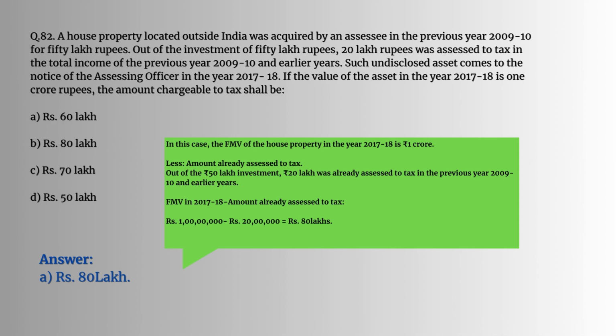If the value of the asset in the year 2017-18 is 1 crore rupees, the amount chargeable to tax shall be, in this case, the fair market value of the house property in the year 2017-18 is 1 crore. So here, out of the 50 lakh investment, 20 lakh was already assessed to tax in the previous year 2009-10 and earlier years. So how we will find out the amount chargeable to tax is FMV minus amount already assessed to tax. So here rupees 1 crore minus rupees 20 lakhs, the answer would be rupees 80 lakhs.